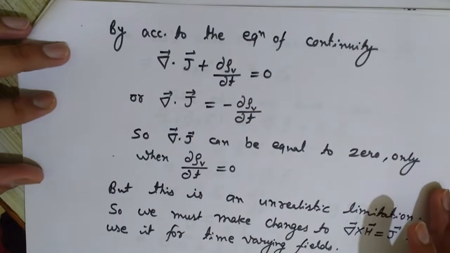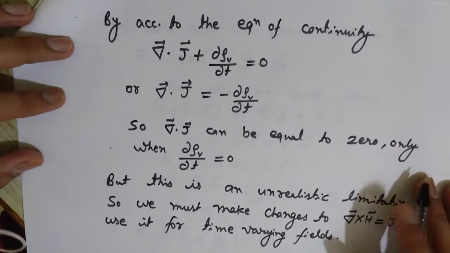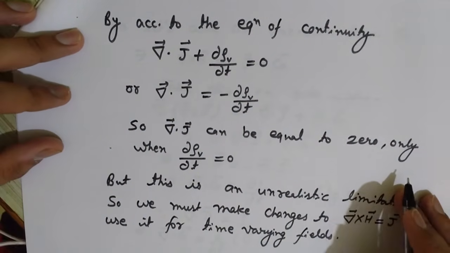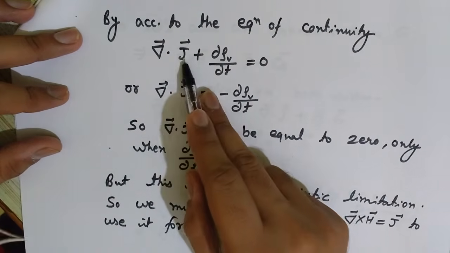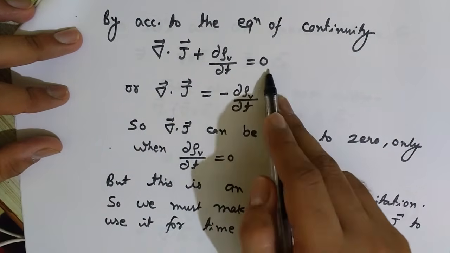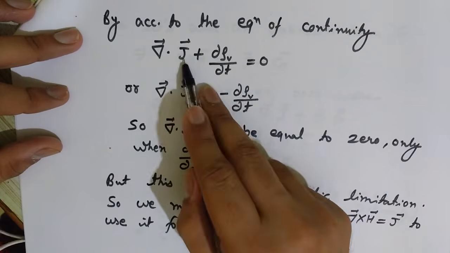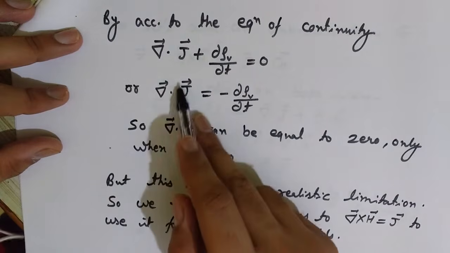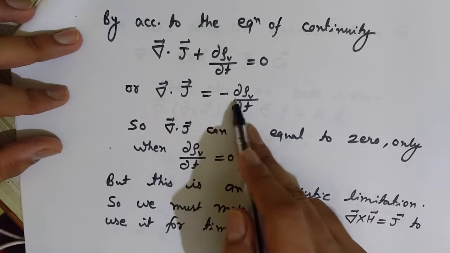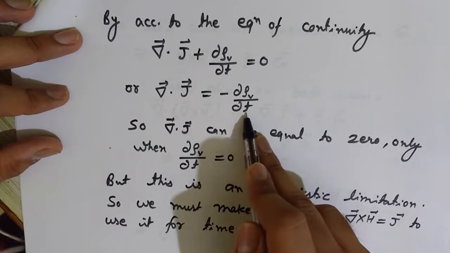Now we have seen that divergence of J is 0, but there is a problem with this, because according to the equation of continuity, divergence of J plus del rho v by del t is equal to 0. J is the current density, rho v is the volume charge density. So divergence of J equals minus del rho v by del t.